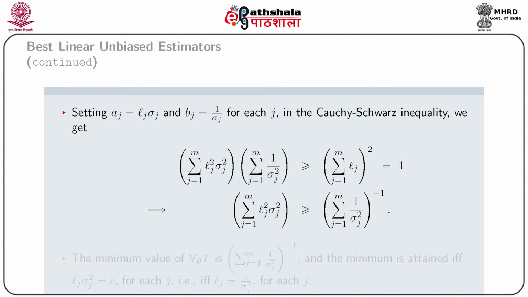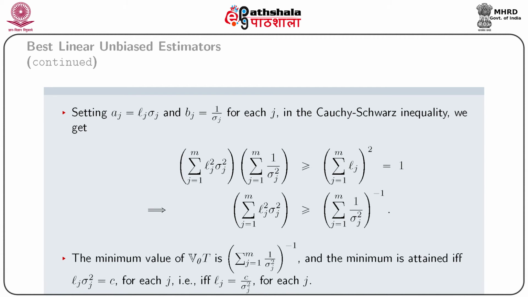Now setting ai equals li σi and bi equals 1 by σi for all i, we get summation li² σi² is greater than or equal to 1 by summation 1 by σi², since summation li equals 1.